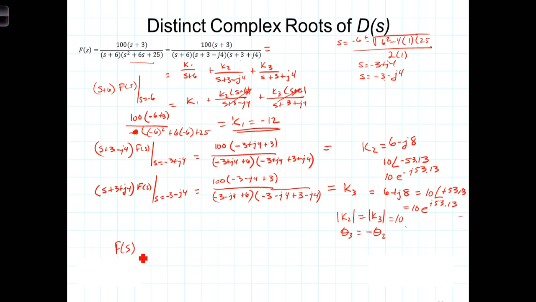We've got then that f of s is equal to negative 12 over s plus 6, plus k2, 10 e to the minus j 53.13, over s plus 3 minus j4, plus k3, which was 10 e to the positive j 53.13, divided by s plus 3 plus j4.